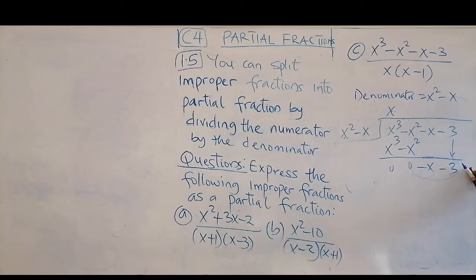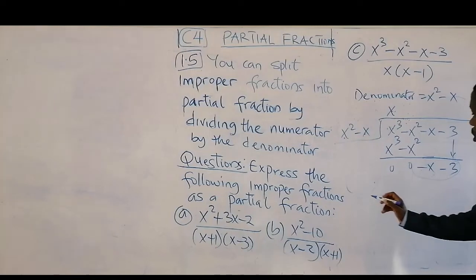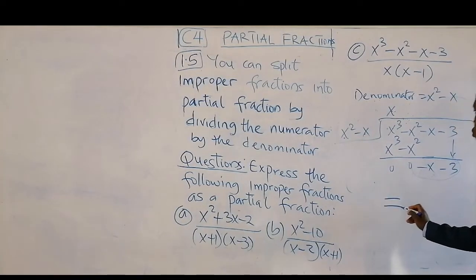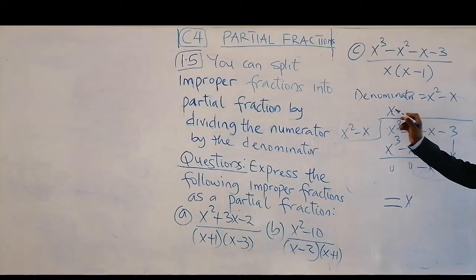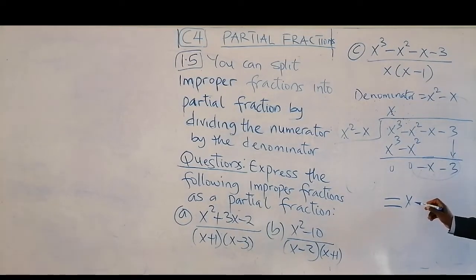So my question is now equal to the quotient, then plus minus this, all over this one, x into bracket x minus 1. So that's what I have in this case. Then this one is a proper fraction. I need to solve it using partial fractions.